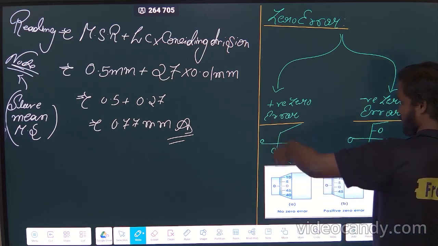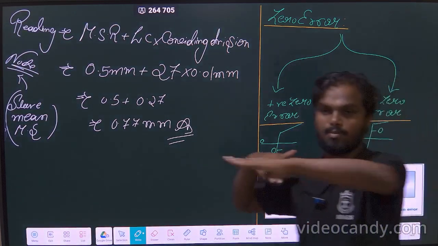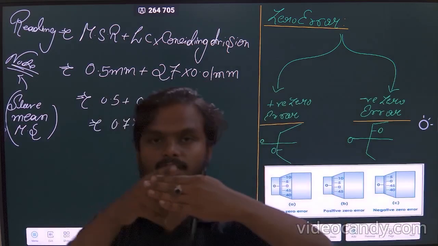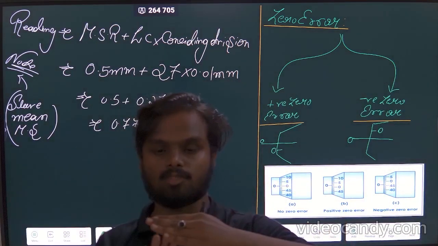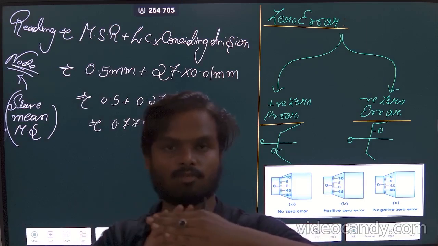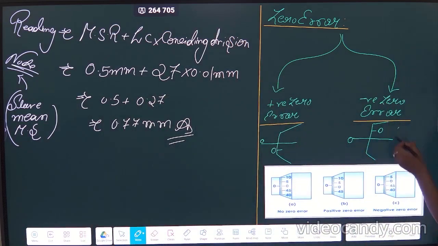Somewhere it's like this. Suppose this is my main scale, here is the 0 of the main scale, and the circular scale is over the 0, meaning it just lies over the 0. So you can't see the 0. So in negative 0 error, we can't see the 0.